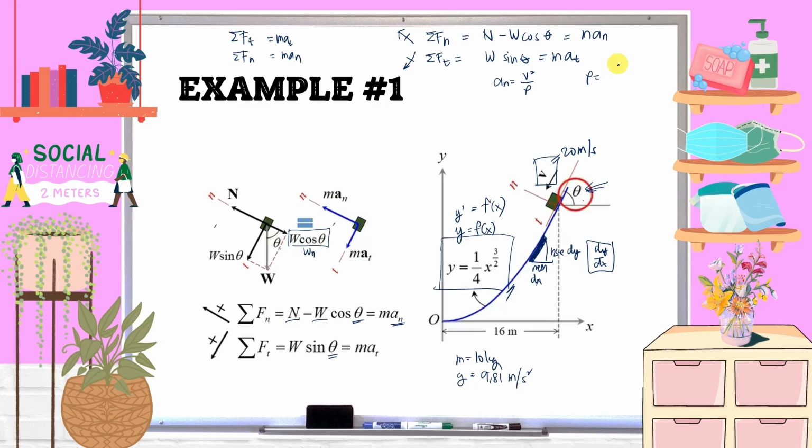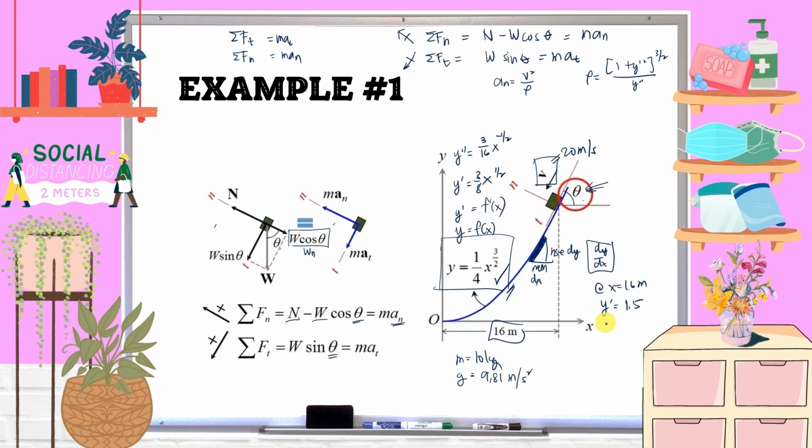Rho can be calculated as 1 plus y prime squared raised to 3 halves, all over y double prime. From our previous discussion, we've been able to get the first derivative of this given equation as 3/8 x raised to 1 half. And the second derivative, we've been able to get 3/16 x raised to negative 1 half. Upon substitution at x, which is 16 meters, we get that y prime, or the slope, is 1.5.